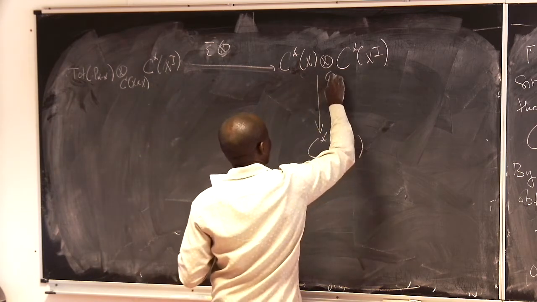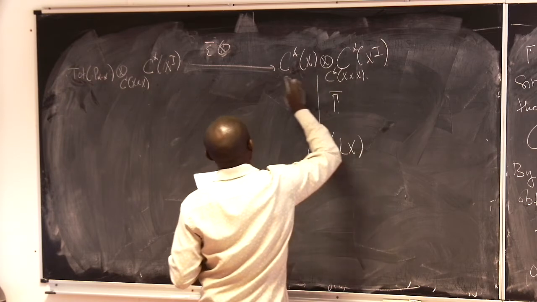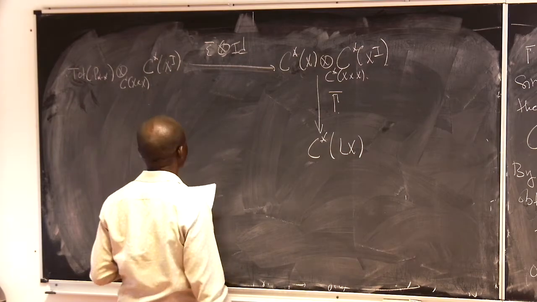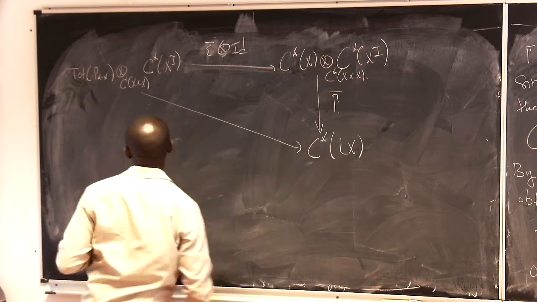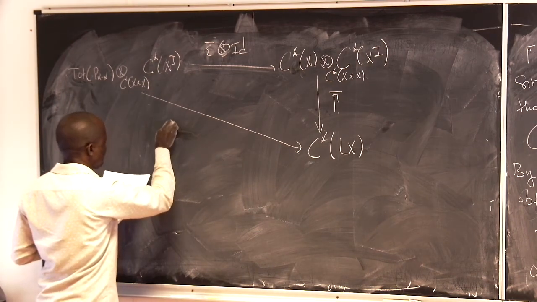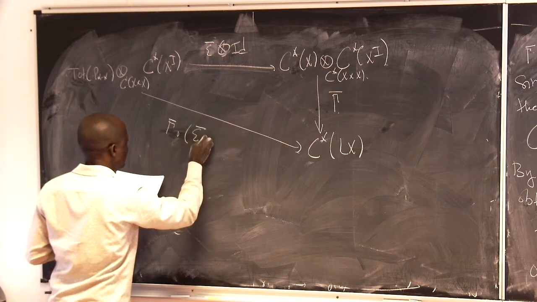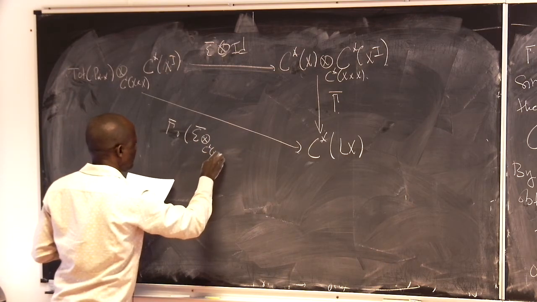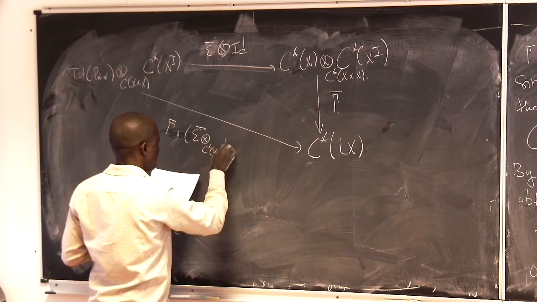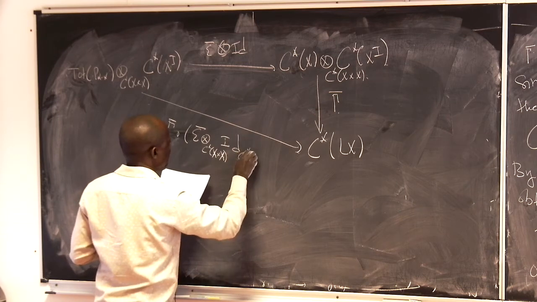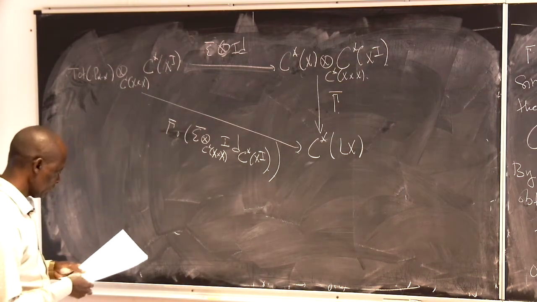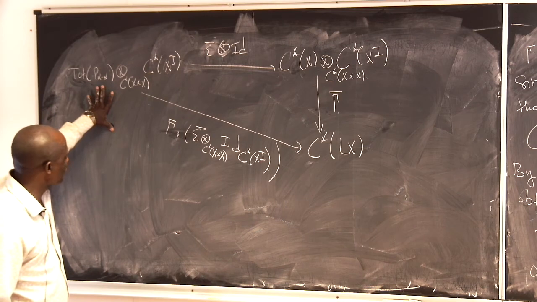Here I have also x. Here you have the identity map. So we have something like this. So by moving to the homology, we have this map.